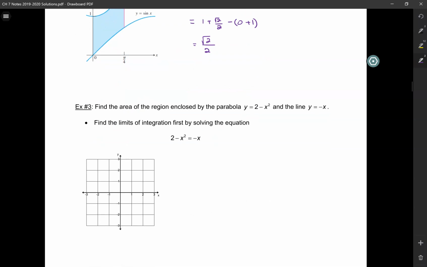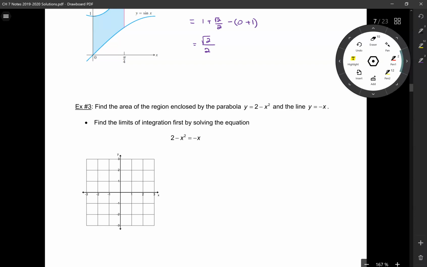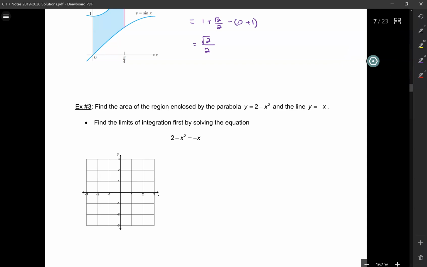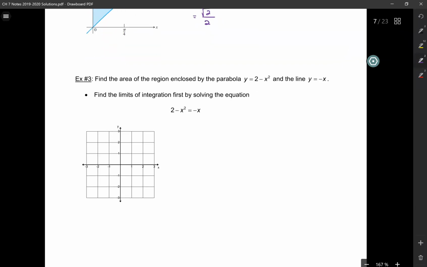Find the area of the region enclosed by the parabola y equals 2 minus x squared and the line y equals negative x. We're going to draw these. Y equals 2 minus x squared, you need to be able to draw it like this. That's a parabola that faces down. It goes up here. You should also more or less know where it hits the x-axis.